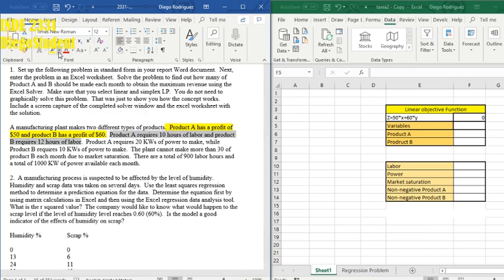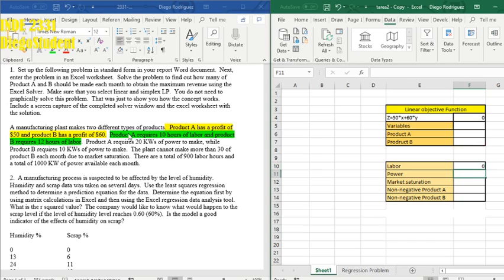Alright, I got it right here. So product A requires 10 hours of labor and product B requires 12. So we go to labor and we put equal 10 hours, 10 times product A plus 12 hours times product B. Enter.